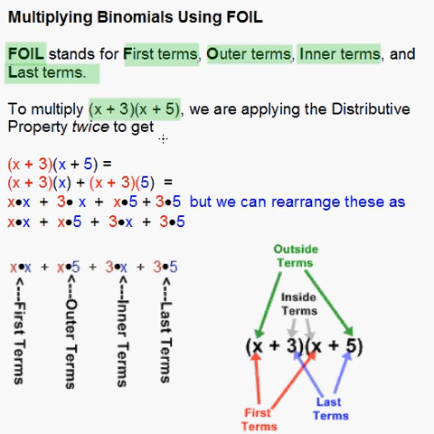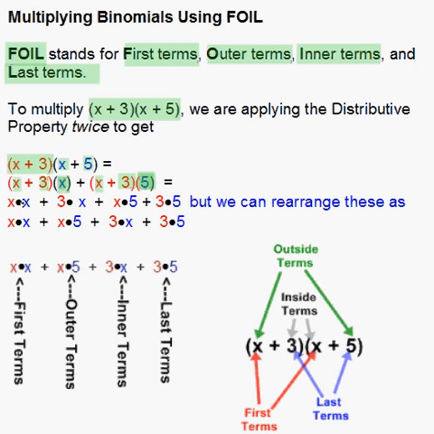Now when you multiply out x plus 3 times x plus 5, you're really multiplying out x plus 3 times x and then x plus 3 times 5 using the distributive property. Then you use the distributive property again and multiply the x times the x and the 3 times the x. And then also the x times the 5 and the 3 times the 5.